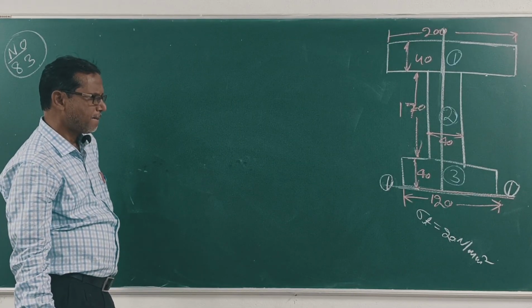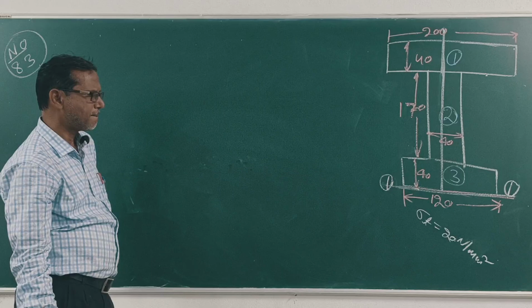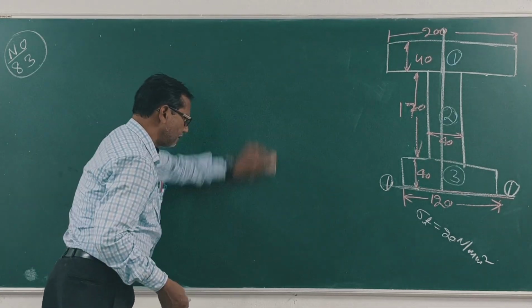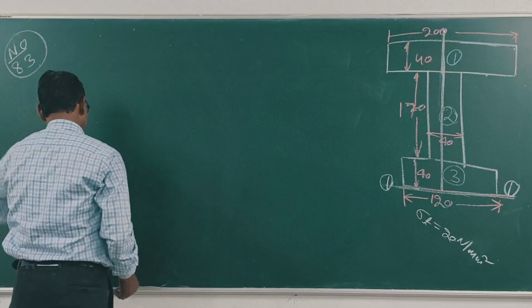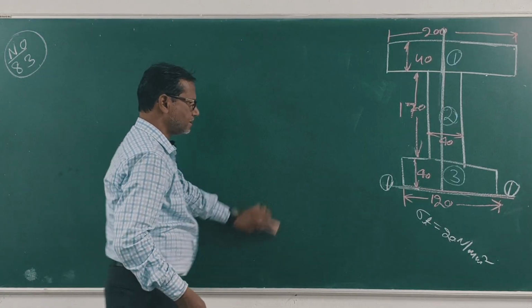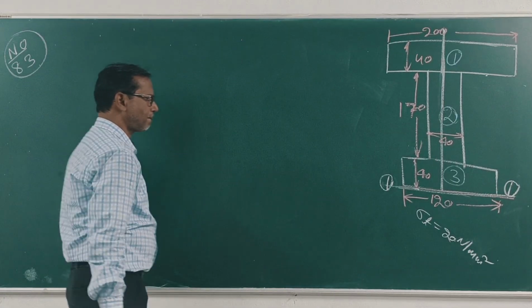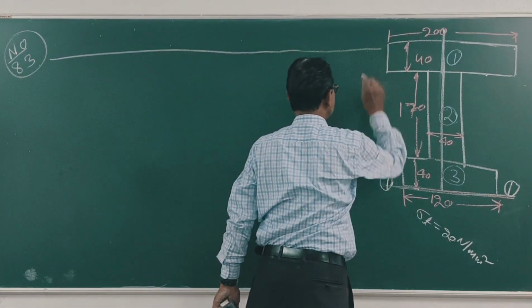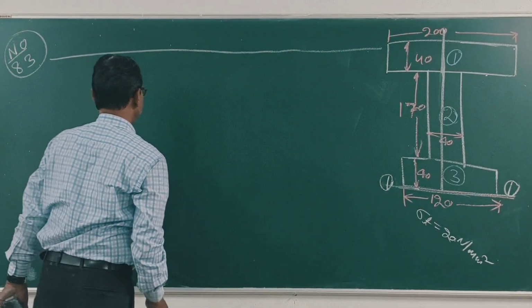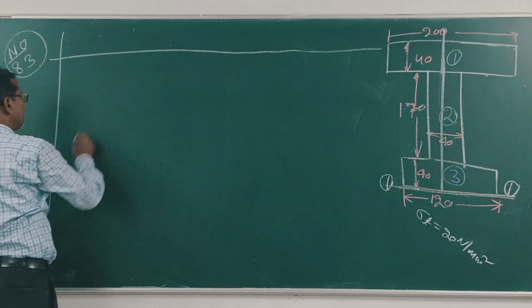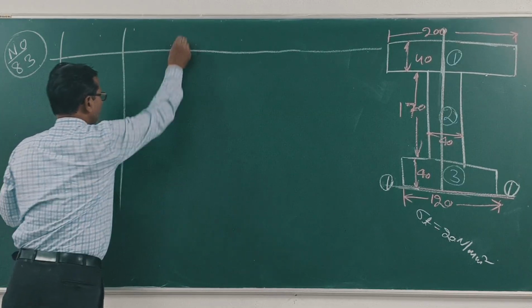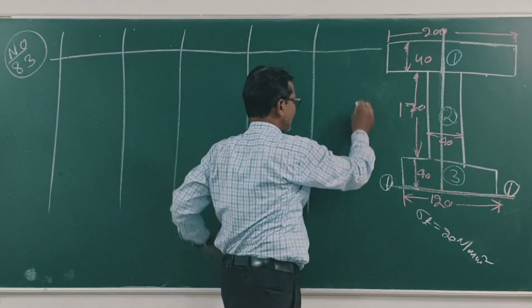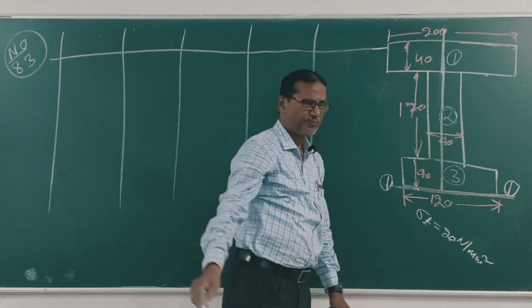Clear? Section, area, y, ay square, Ig. Clear?